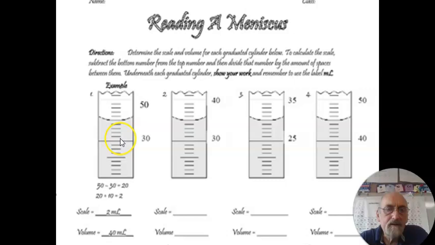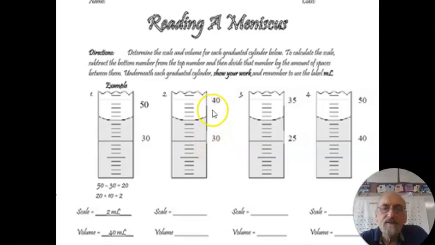So that means that each one of these lines is 2 milliliters, right? 2, 4, 6, 8, 40, 2, 4, 6, 8, 50. So that tells us that this bottom of the meniscus is exactly on the 40 line. Therefore, it's 40 milliliters.